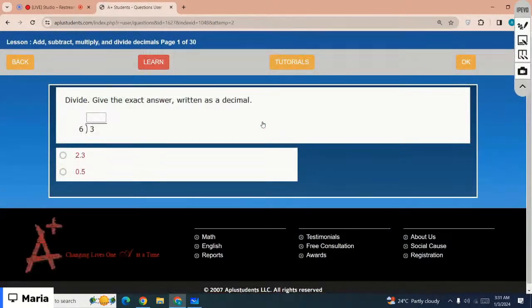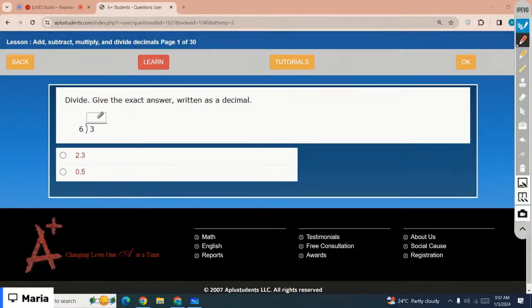Okay, 6 divided by 3, which is the correct option? How do you divide, and which is the correct option? 3 is a smaller number. You cannot divide it by 6 like this, right? Because 3 is the smaller number. So you need to put a decimal point and a 0 over here. Now you can count 6 until 30.